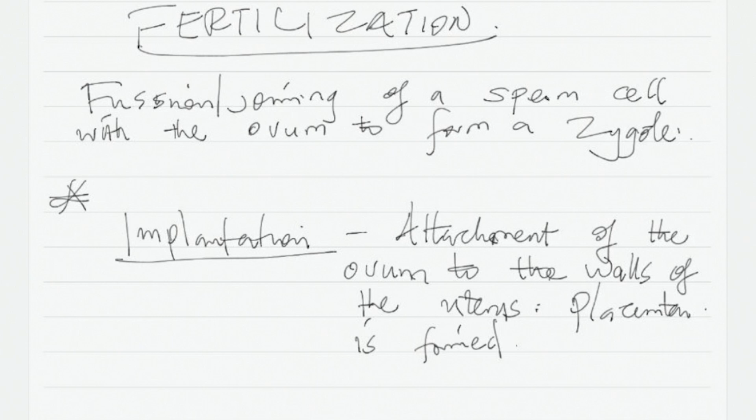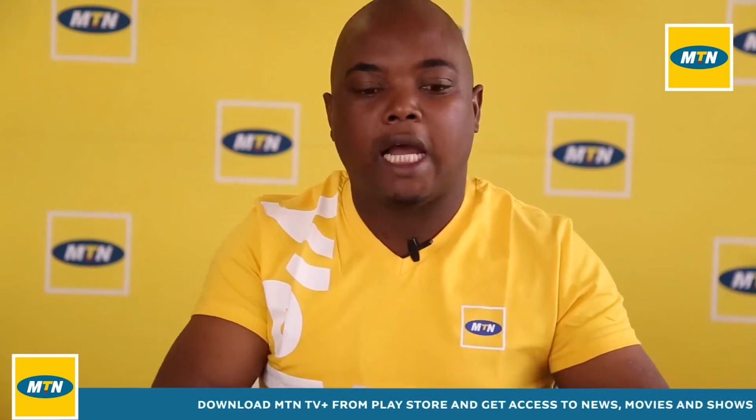A placenta is formed when the zygote attaches itself to the walls of the uterus. Okay, now let's go to our question and find out what it is demanding.